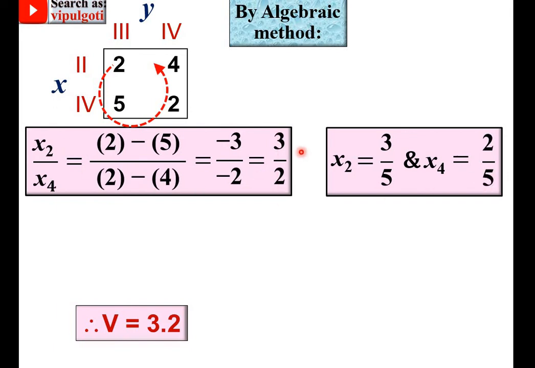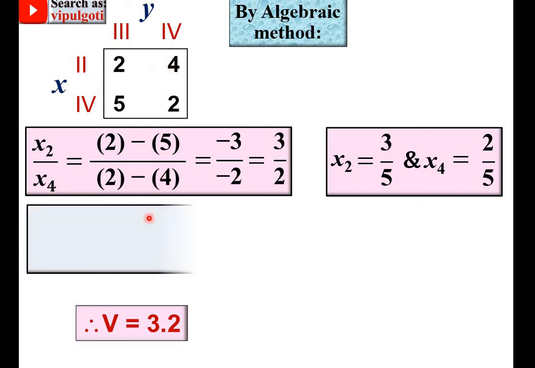So you can directly write the probability of the second strategy and fourth strategy of player X from this relation. Here you can see once again x2 upon x4. So here it is your x2 and here it is your x4. So x2 upon x4 itself indicates that you have to move in this direction. And so you can remember this formula, (2 minus 5) divided by (2 minus 4).